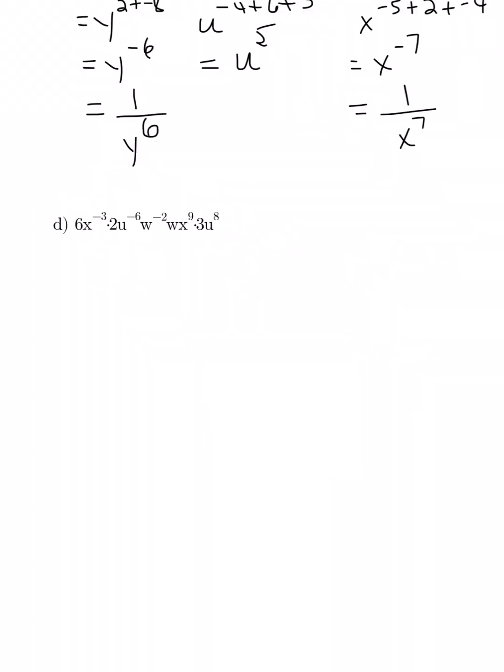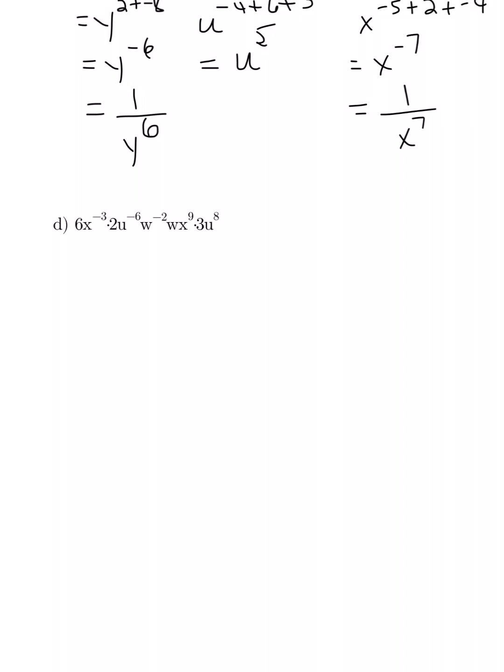On D, we are continuing with the idea of simplifying our expression. But when you look at this expression, it's kind of complicated looking. We have 6x to the negative 3 times 2u to the negative 6, w to the negative 2, w, x to the 9th, times 3u to the 8th. One thing that will help us a lot is if we group our like items together.